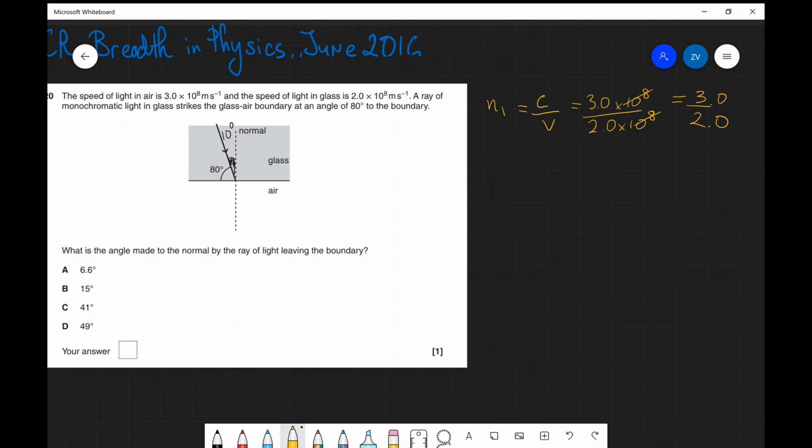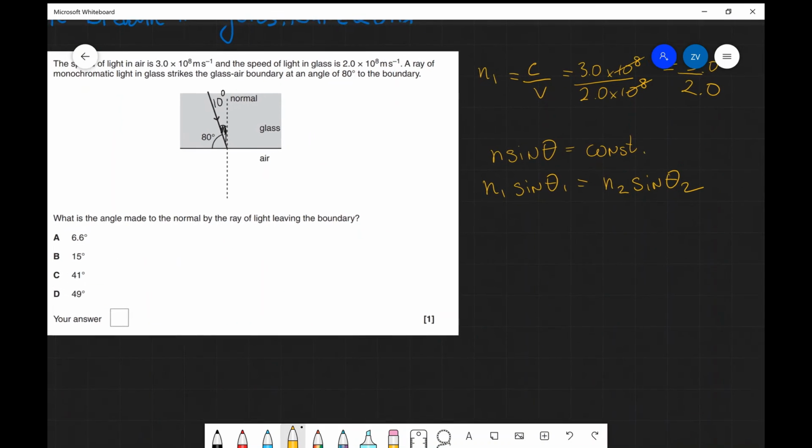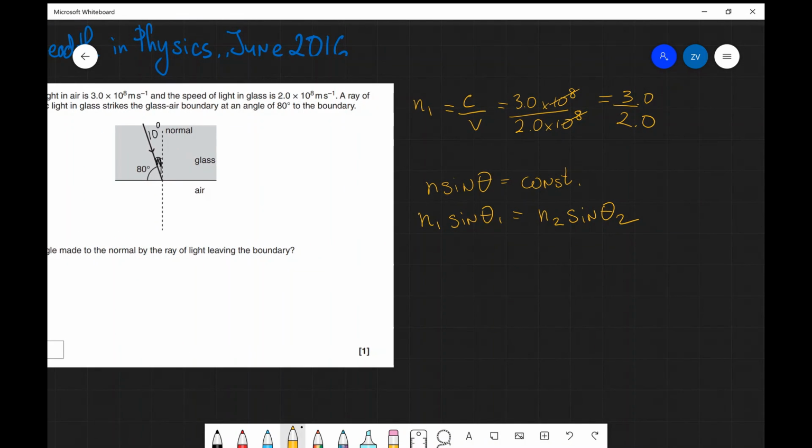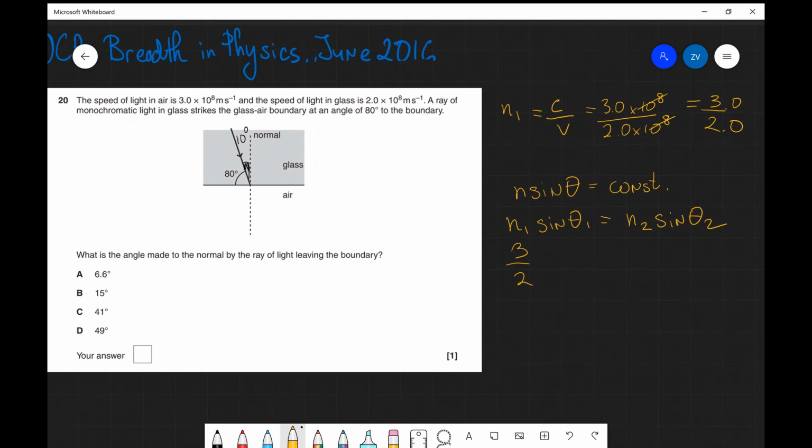Okay, well, now that we have the refractive index, we can use Snell's law. In your formula booklet, Snell's law is given as n sine theta is equal to a constant. Probably the best way is to always rewrite this as n1 sine theta 1 is equal to n2 sine theta 2. Now remember, n1 is just 3 over 2, and we know theta 1.